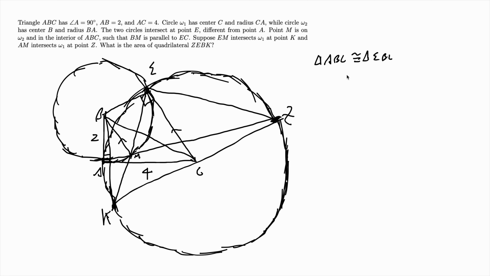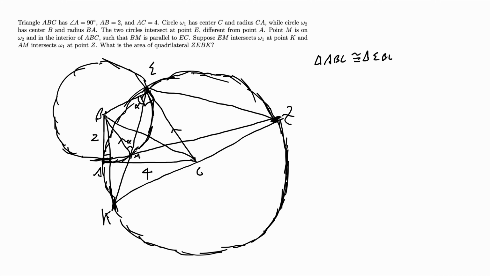After that, what I noticed is I just wanted to chase a few angles because I thought that would provide some useful and helpful information. So notice that if you just say that this angle right here is alpha, this angle is also alpha.